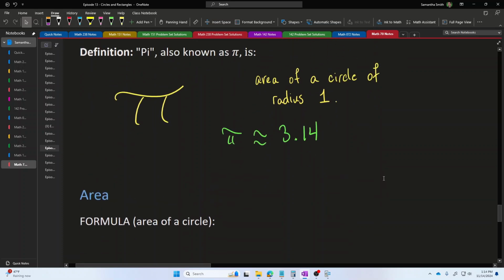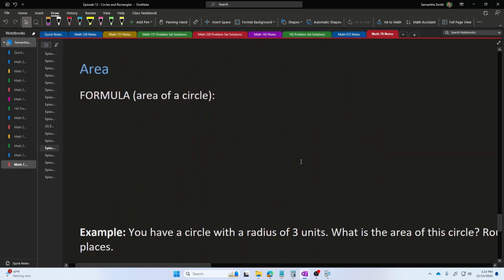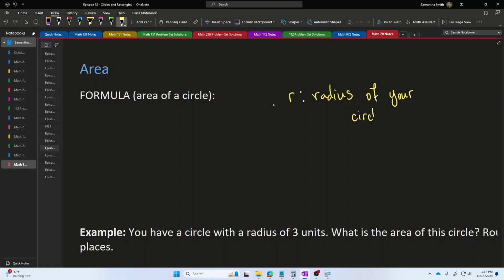Now, if you want to find the area of a circle with a different radius, you can use the following formula. I'm going to use the letter R to stand in for whatever the radius of your circle is. I don't know it right now, so I'm going to represent it by a variable, and I shall call it R for radius.